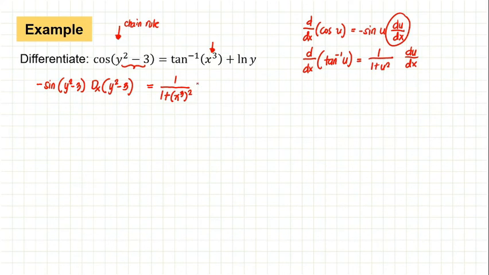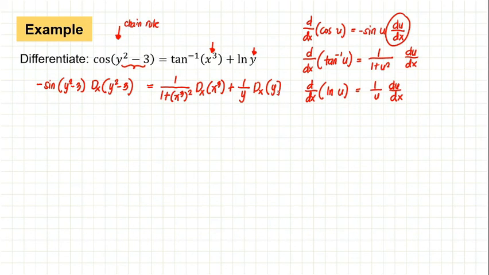Then multiply it by the derivative of the inner function, and our inner function is x cubed, so we have the derivative of x cubed with respect to x, plus we have ln y. The derivative of ln u is just equal to 1 over u du over dx from our formula kanina. And our u here is y, so we will have 1 over y, then the derivative of our inner function, and that is y. So we have the derivative of y with respect to x.